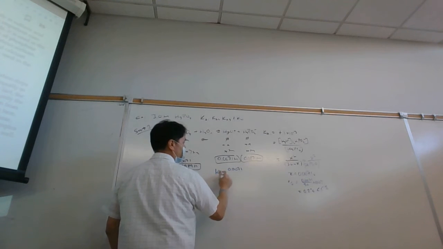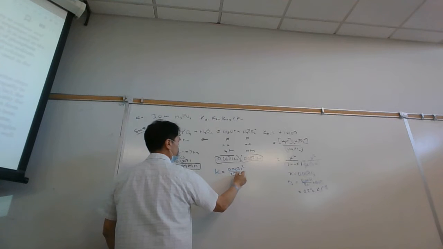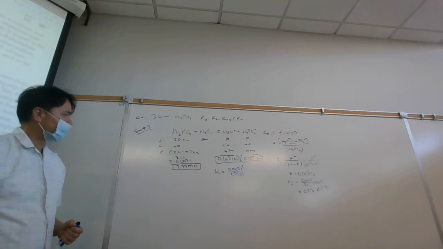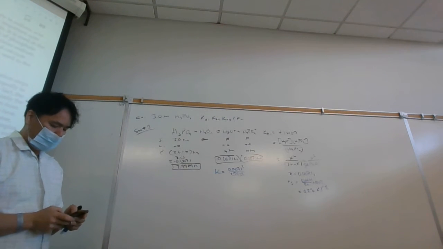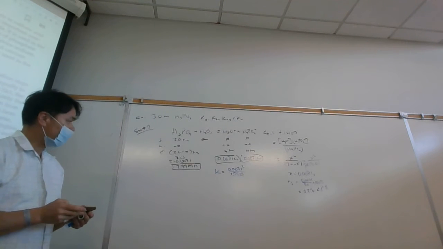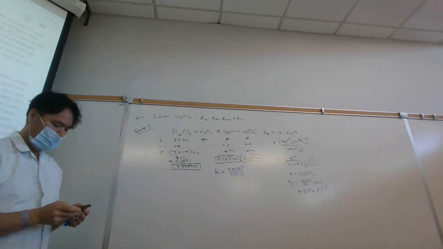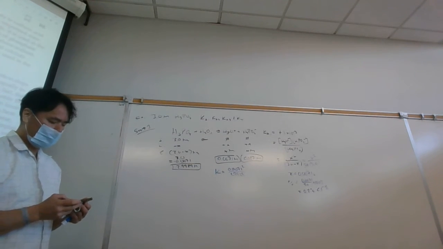We're going to just calculate K, 0.0071 squared divided by 2.9929. See what that comes out. 0.0071 squared divided by 2.9929. 1.68 times 10 to the minus 5.